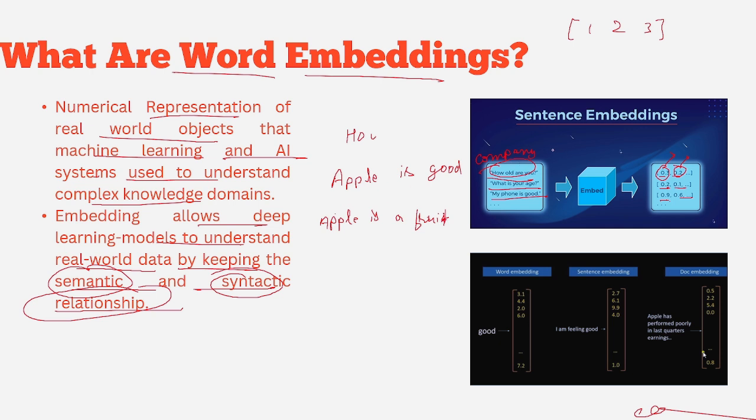These sentences have different contexts. In the first we are talking about an organization, and in the other we are talking about a fruit. So both are related to apple, but with different context. In word embeddings like this, these dots or values like 0.3, 0.2 give the context of the word.